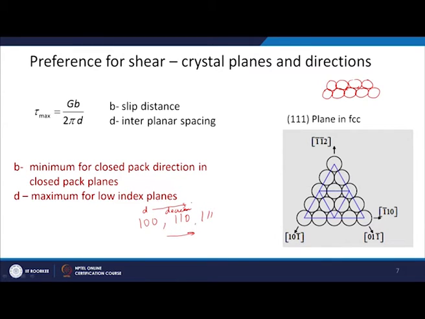Of course, these two planes are not the close-packed planes. The best close packing we find is in the 111 plane, and the d spacing is also quite high in the 111 plane. So these are the preferred planes where slipping is going to take place.